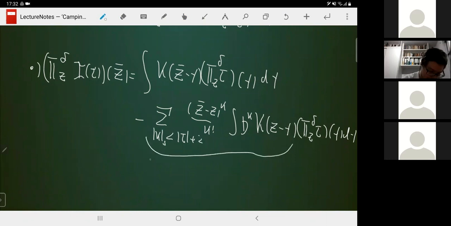Here really we have the Taylor expansion of k up to order tau plus 2.